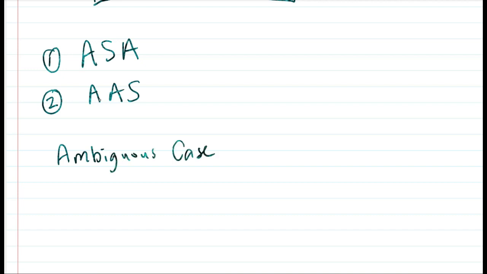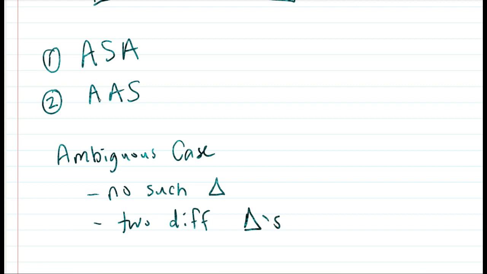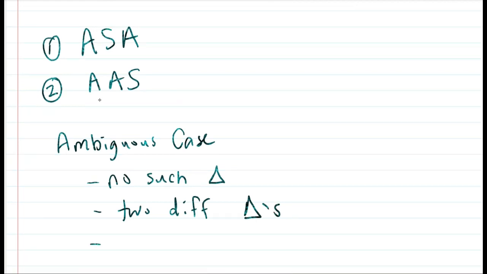In an ambiguous case, if in a triangle two sides and the angle opposite to them are known, then there could be three possibilities: that there is no such triangle, there are two different triangles, or that there is exactly one such triangle.